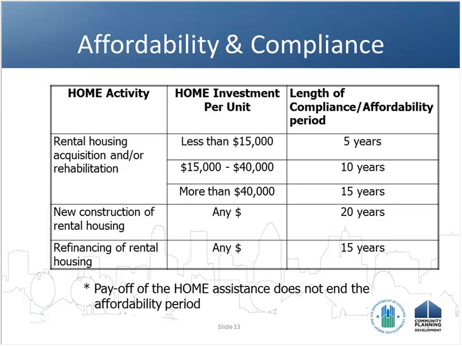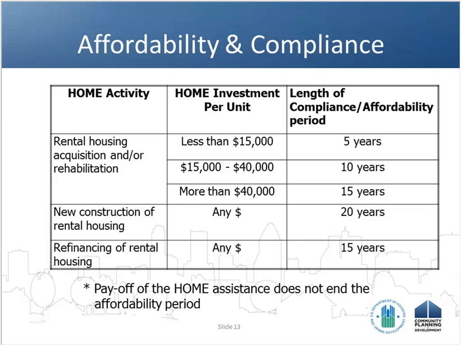I wanted to also mention here that in some cases, PJs, in looking at the investment that they're making in a particular project in a market, have felt like they wanted to designate longer affordability periods. So let's say we're doing a major rehab on a project, so we're more than $40,000 per unit, and so the HOME calculation would have us with a 15-year affordability period.